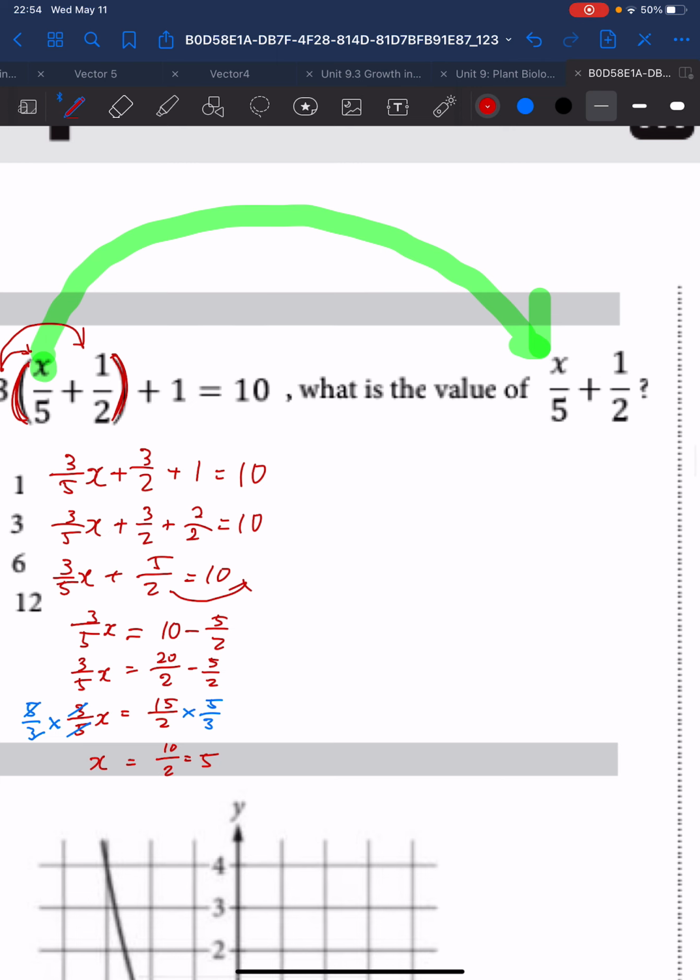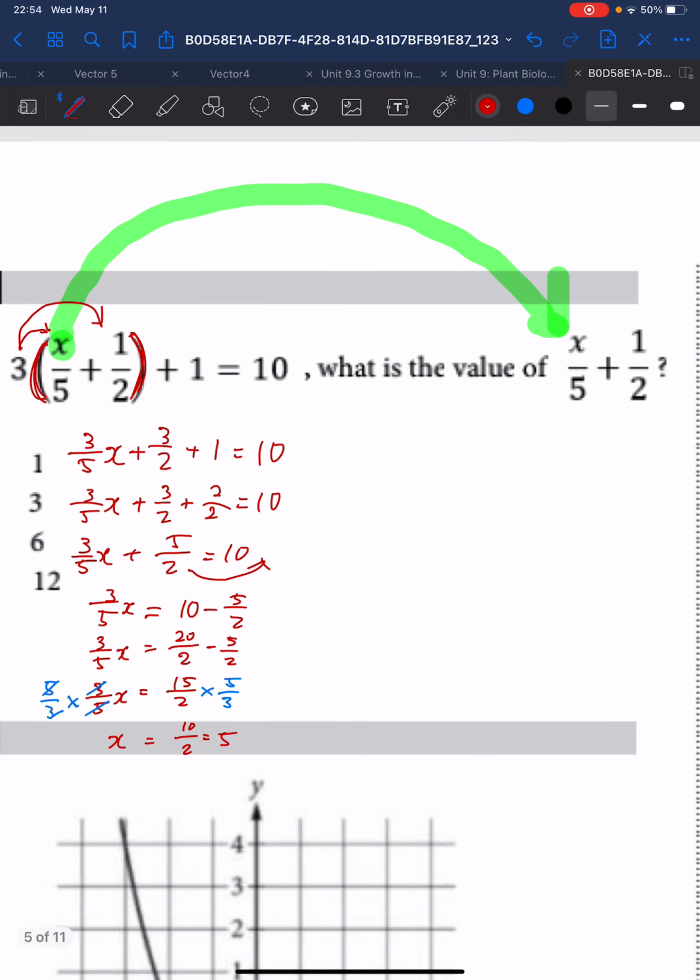Now let's substitute this 5 into right here, this x, right? Because it's the same x. So x over 5 plus 1 over 2. Our x, we know that it's 5 from here. So let's substitute. Oh, sorry, it's not 5 actually.